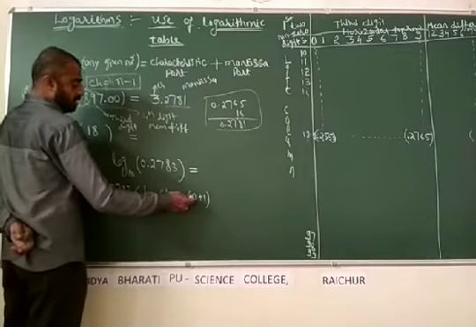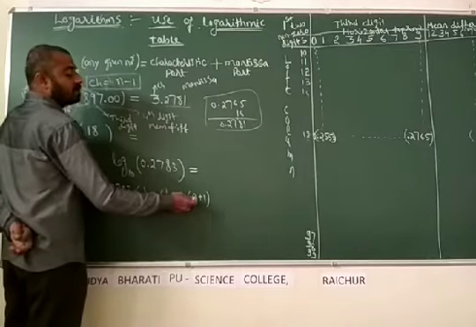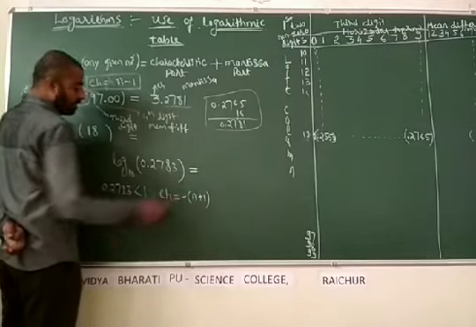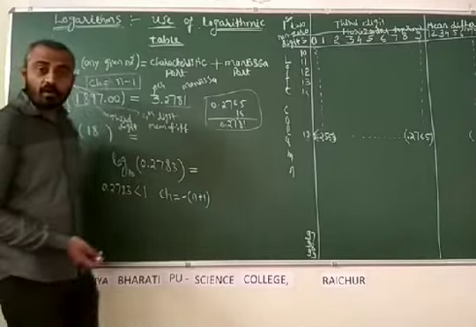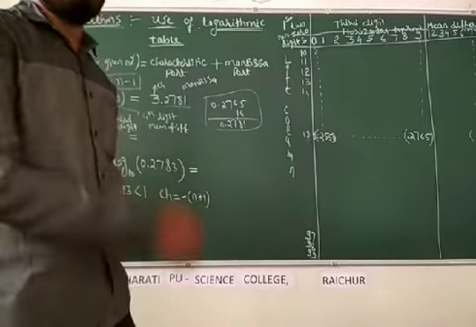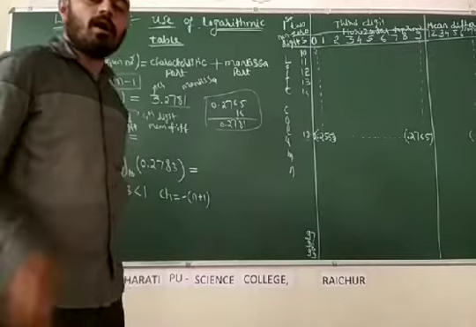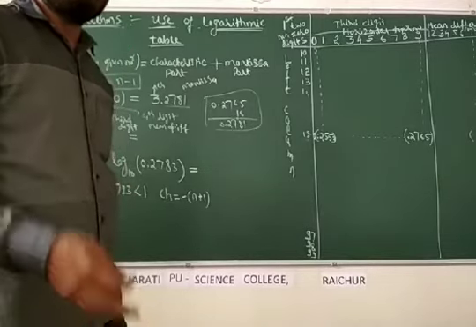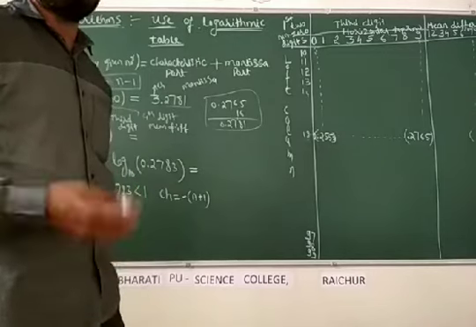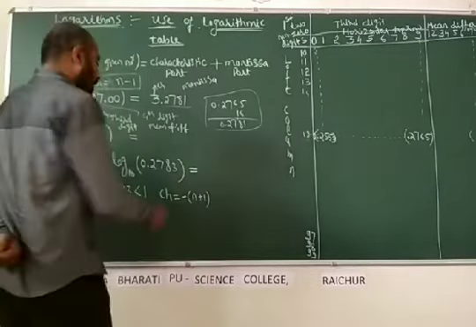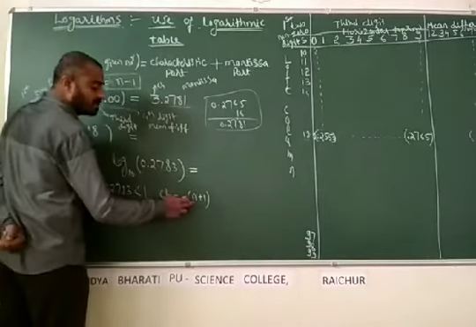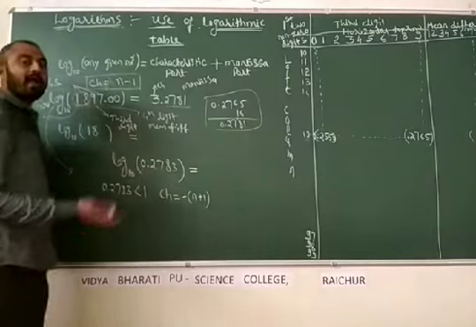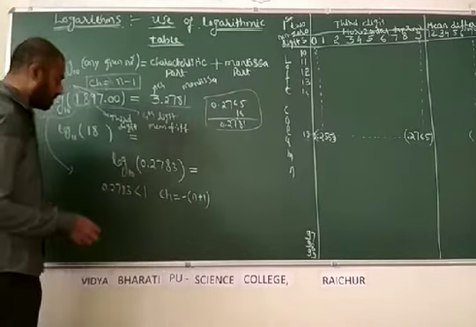What is n there? n is the number of zeros after the decimal point and before the non-zero digit. Remember, if the given number is less than 1, then its characteristic can be found by following the rule minus of n plus 1.